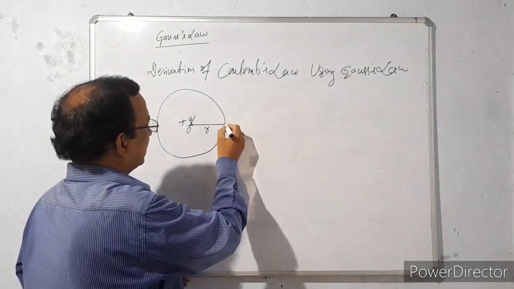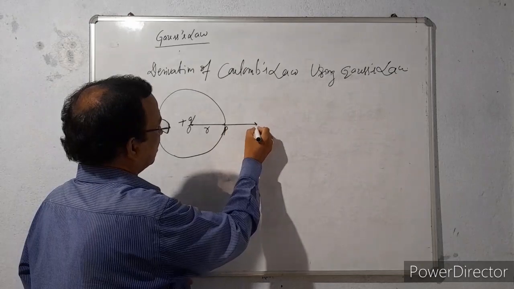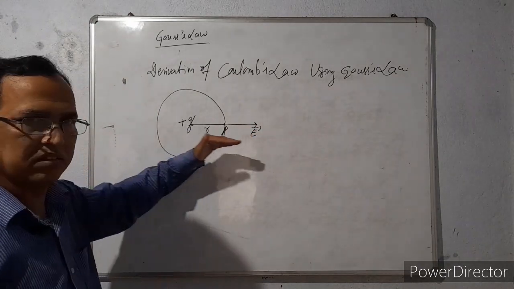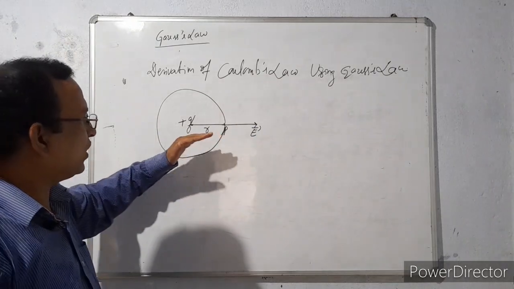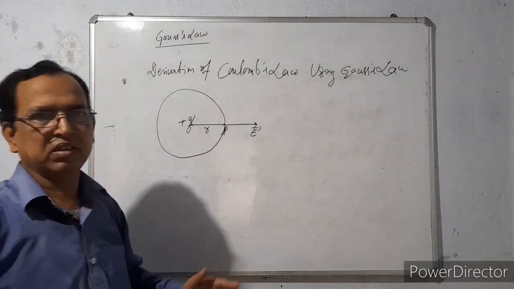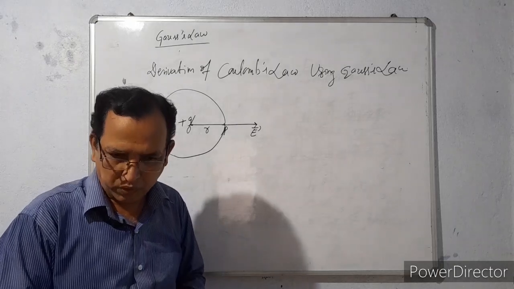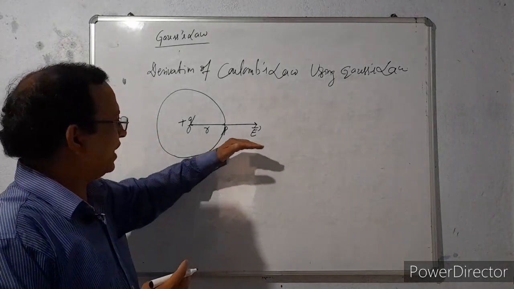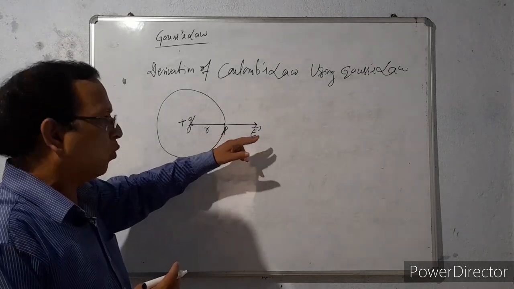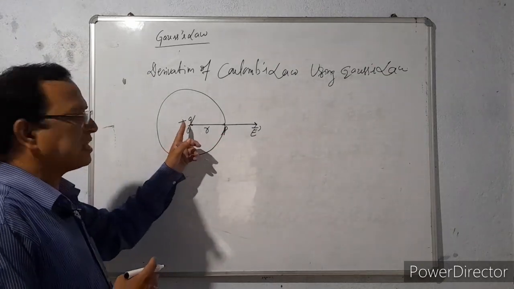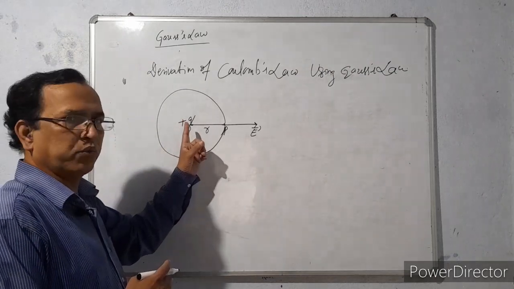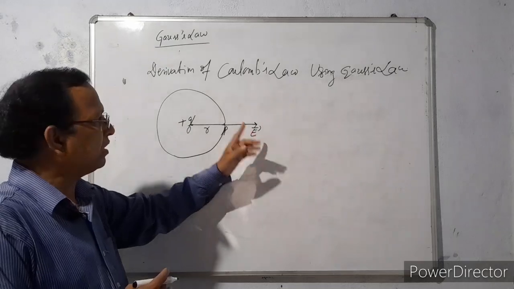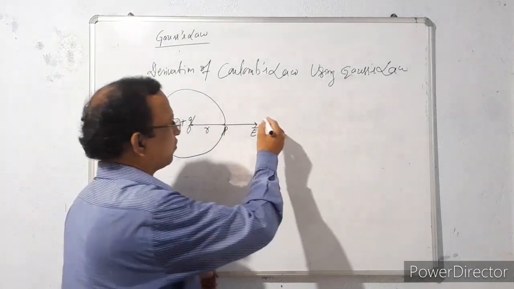Then the direction of the intensity is E, in that direction. Clear? So we can find out what E is. Charge is placed at O, so from the force experienced we can find the direction of the intensity. At first, what is the flux?